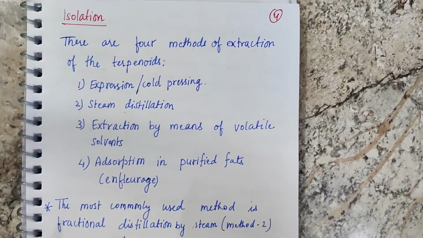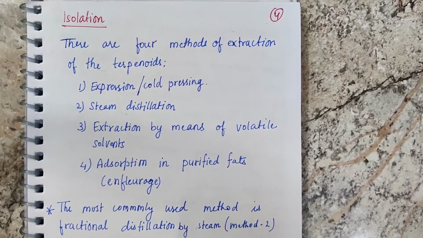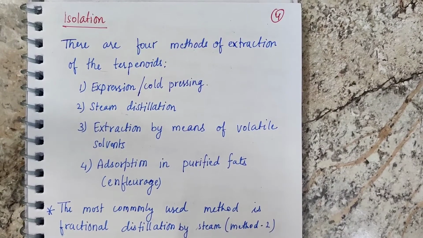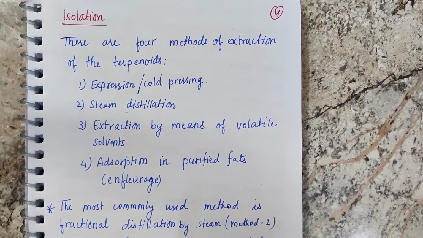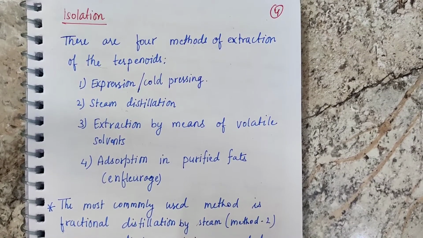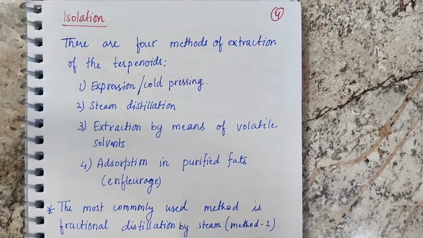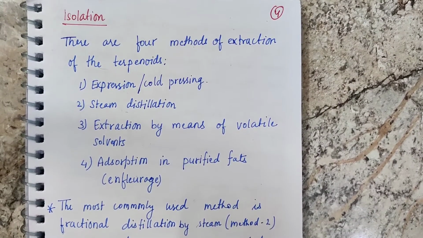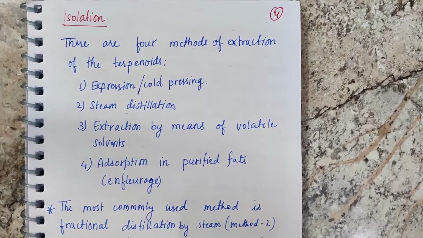If we look at the isolation, how do we isolate terpenes or terpenoids from the plants? Terpenes could be present as hydrocarbons, or they could be present in their oxidized form. So how do we extract them?